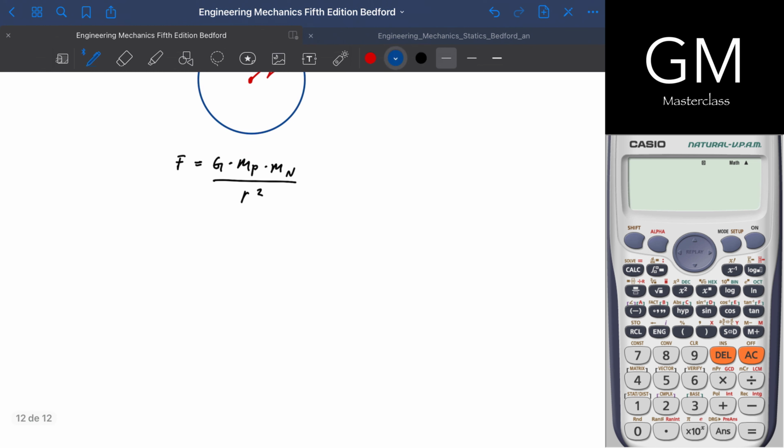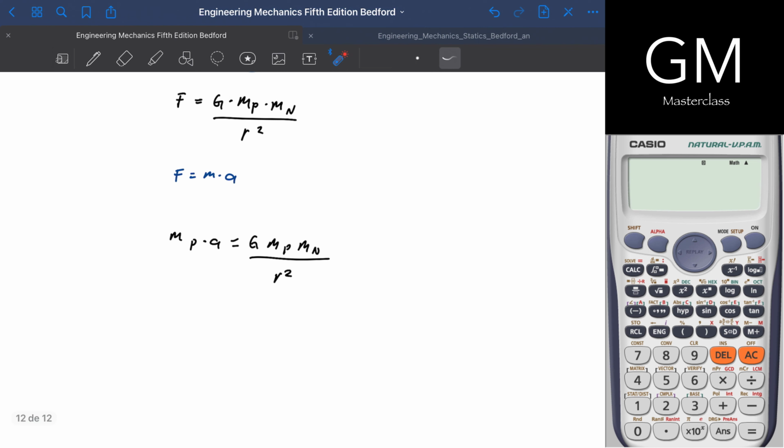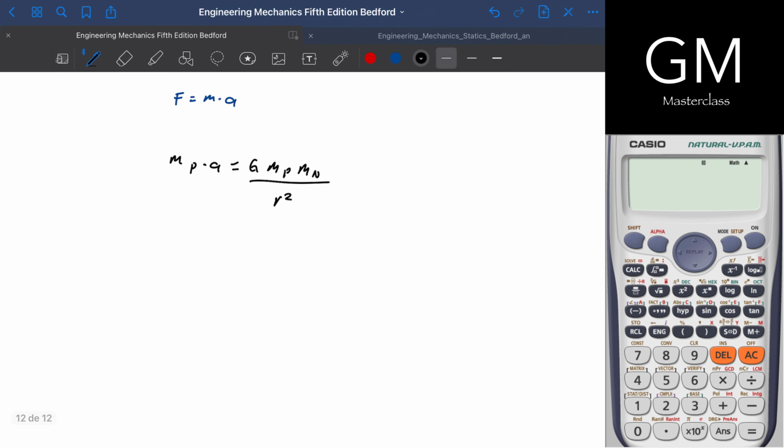Now, because of Newton's second law, which says a force is equal to a mass multiplied by an acceleration, I can rewrite this part of the equation. The mass of the particle multiplied by the acceleration due to gravity is equal to G p n divided by r to the second power. Because these two values are the same, I will eliminate both of them.